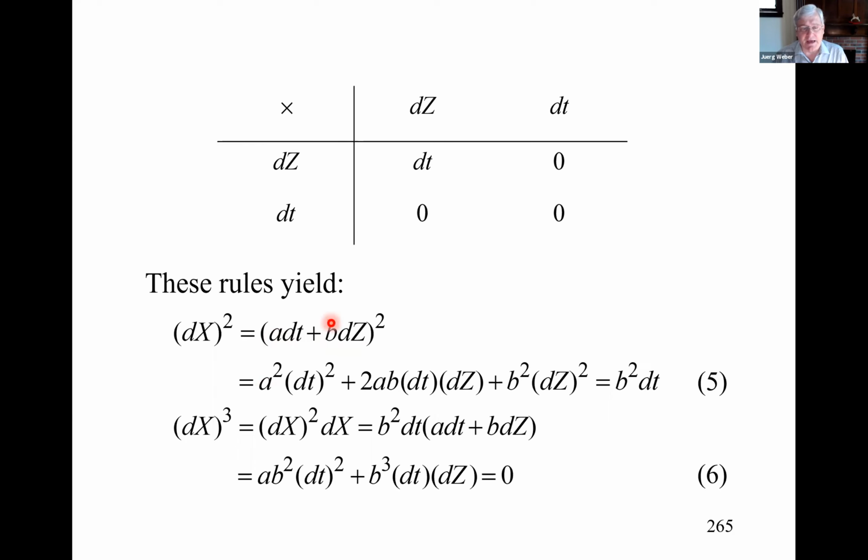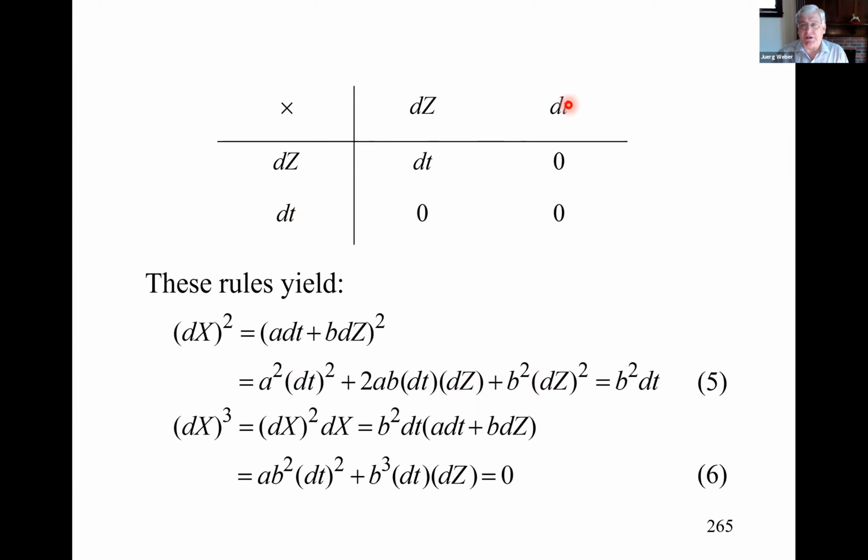So I have here a dt plus b dz. And you just multiply this out. So you have the first item squared, the second item squared, and then you have 2 times this in the middle. So that's just algebra. You just multiply out. So do this squaring. And then you have dt squared here.